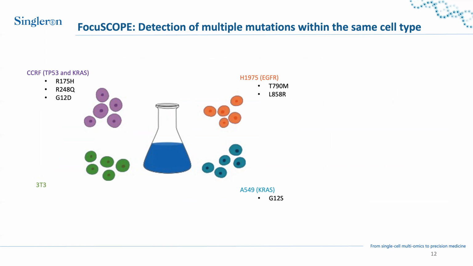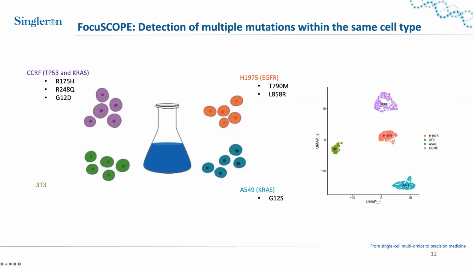The first question that we had was how specific the FocuSCOPE is. So we designed an experiment where we mixed 4 cell lines: CCRF, H1975, A549, and 3T3. We mixed these 4 different cell lines equally and then prepared the libraries using our FocuSCOPE kit.